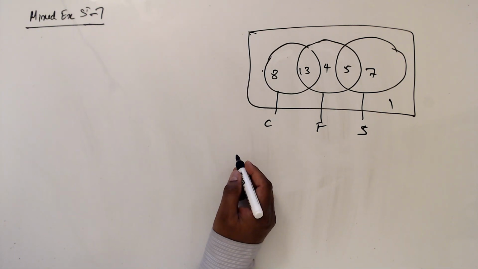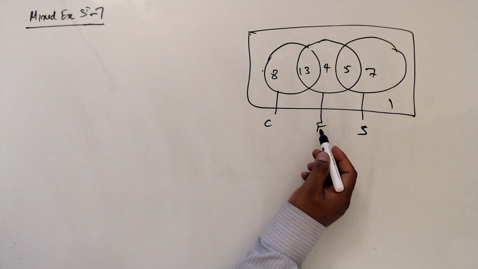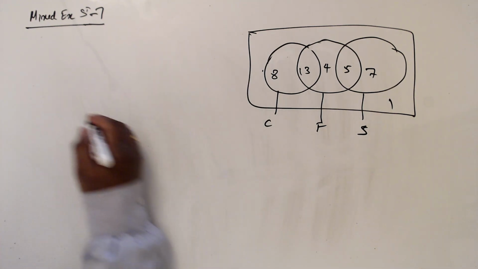Question number 7. Which two sports are mutually exclusive? This is cricket, football, and swimming.